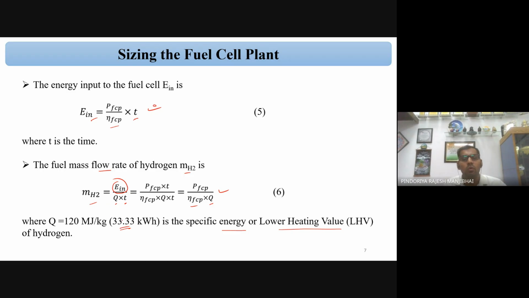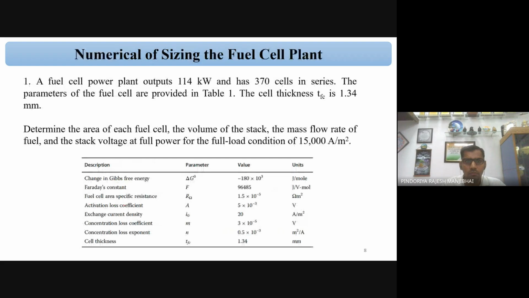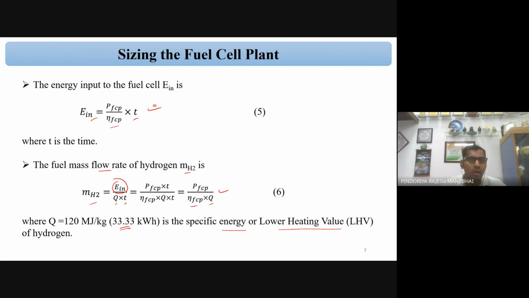Till now, any confusion? Till now we have discussed a total of six formulas, and based on these we can do the numerical.